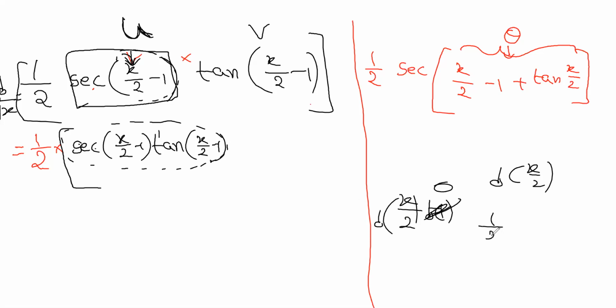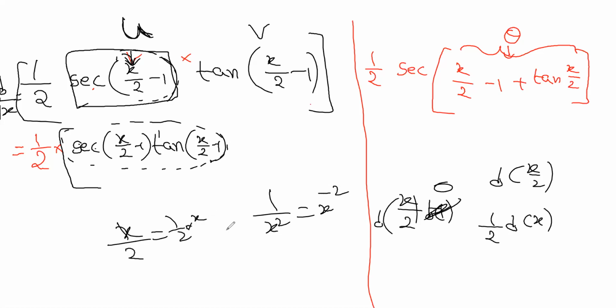So I can write as x raised to the power minus 2, right? 1 by x square, you write as x to the power minus 2. Okay, x by 2, that is 1 by 2 into x, correct? So we can take 1 by 2 outside. So 1 by 2 into differentiation of x, that is 1, so 1 by 2.